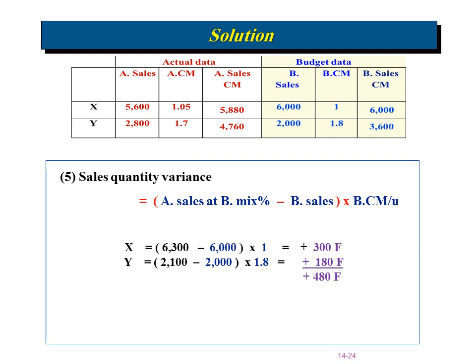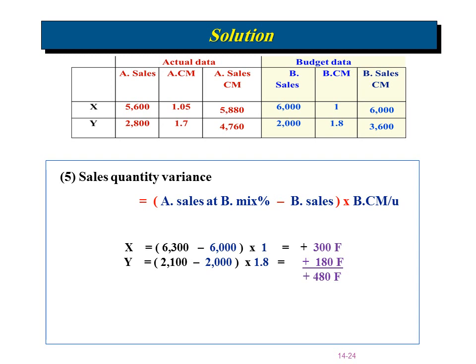For example, for X, actual sales at budget mix percentage 6,300 minus 6,000, which is the budgeted sales from my table, and 1 is the budget contribution margin. The total of sales quantity variance here is positive 480.